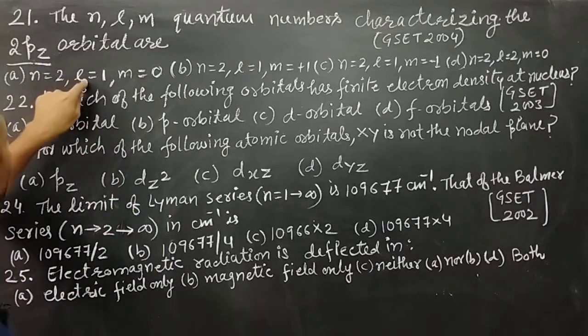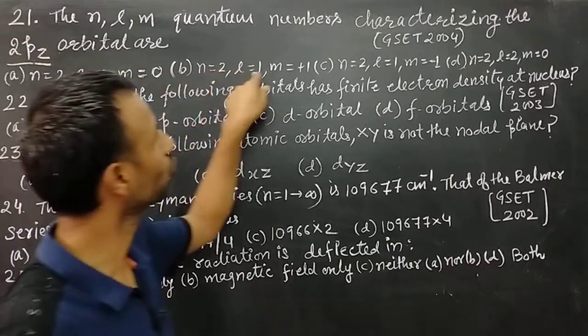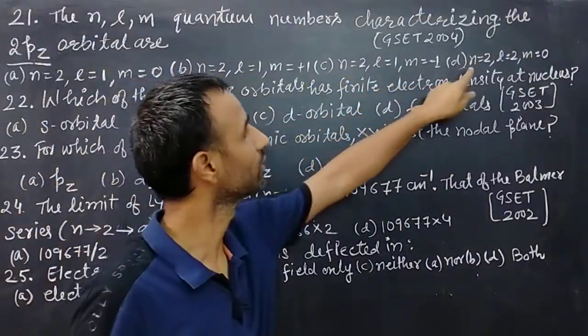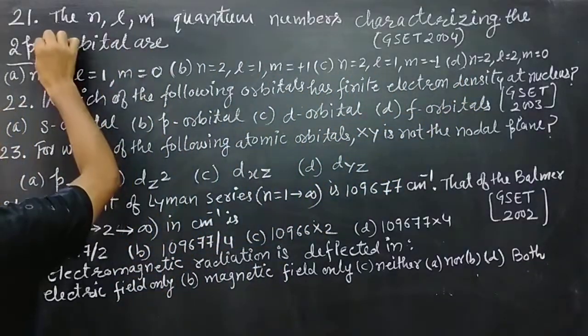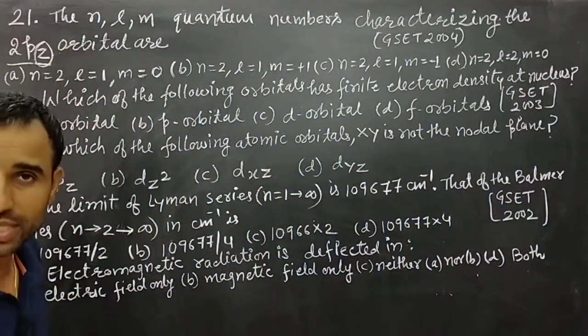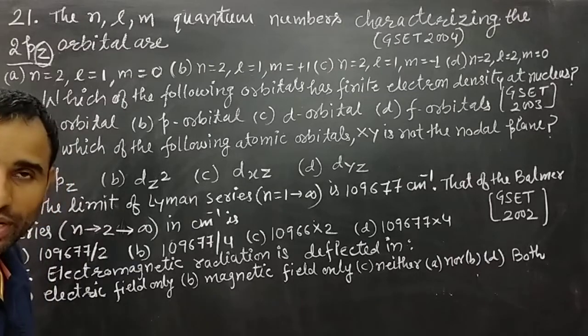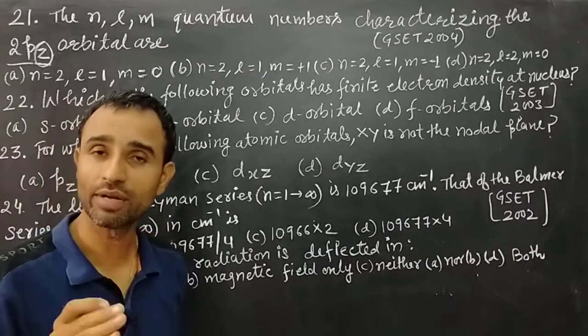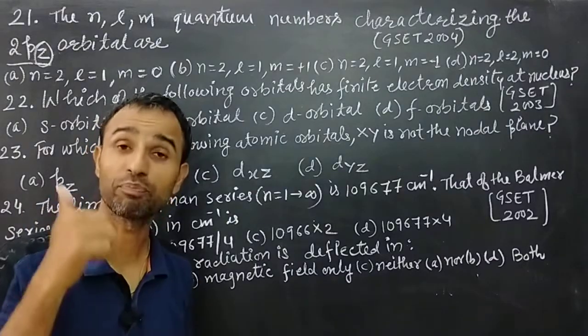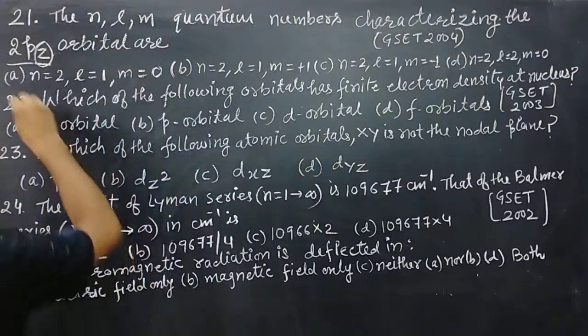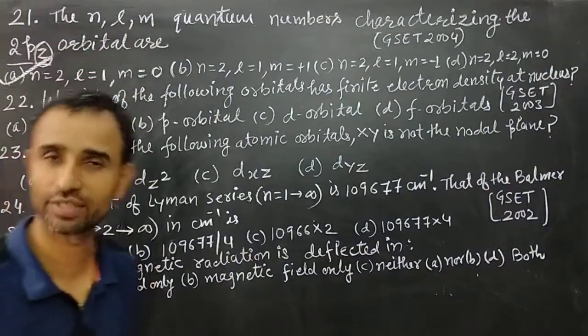So n is 2, l is 1. Then it is z actually, so for pz, m is 0. Keep in mind, otherwise for l equal to 1, m values are minus 1, 0 and plus 1. For pz, it is 0. So option A is correct.